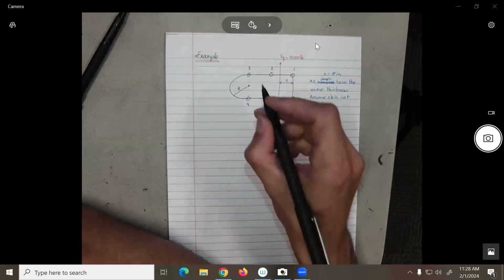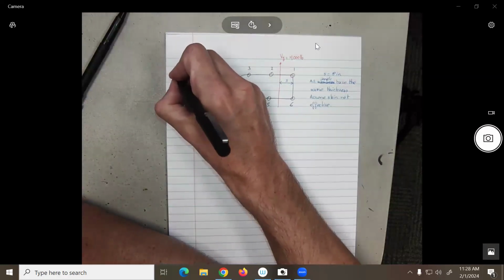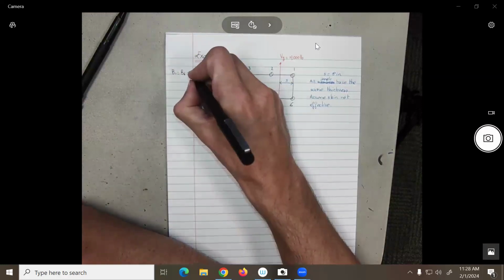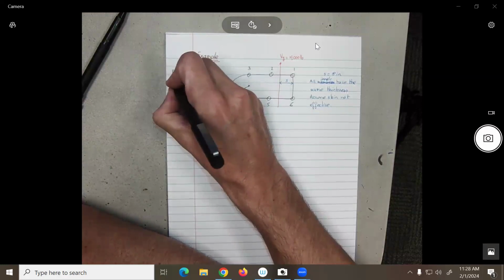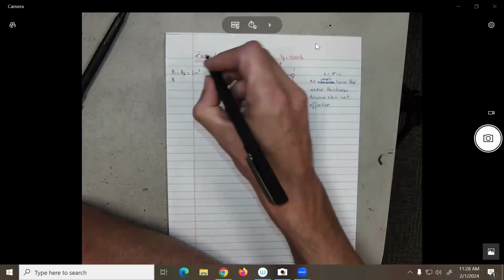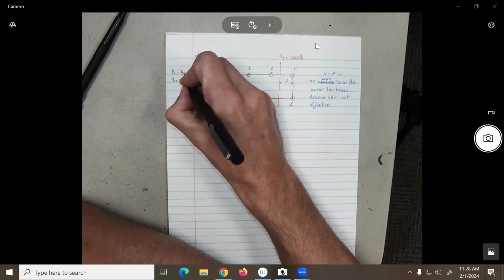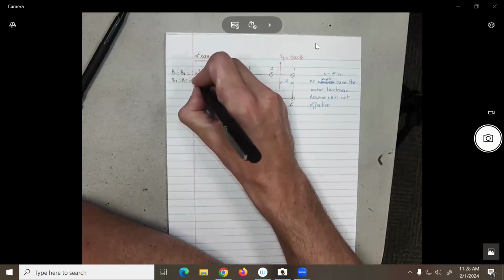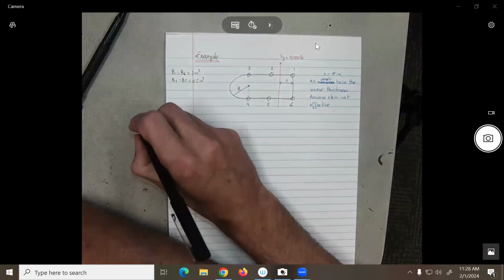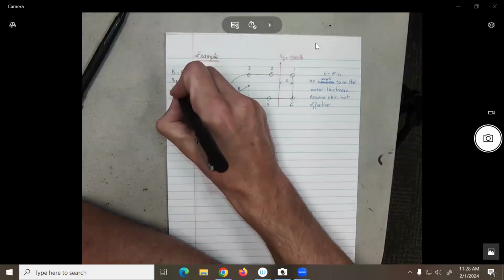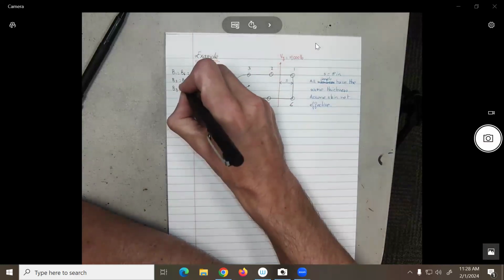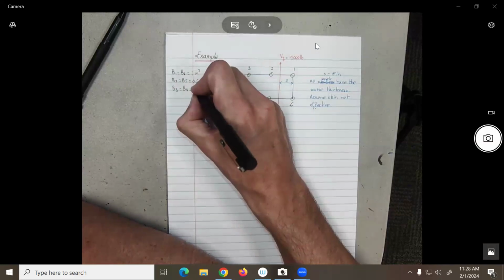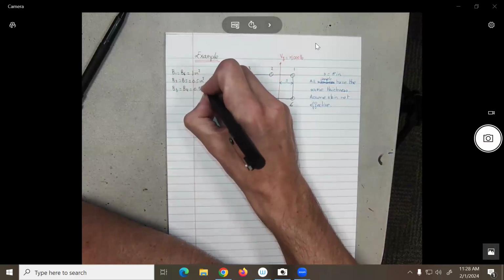So the more data will be B1 equal B6 equal to 1 inch square. B2 equal to B5 equal to 0.5 inch square. And then B3 equal to B4 equal to 0.5 inch square.